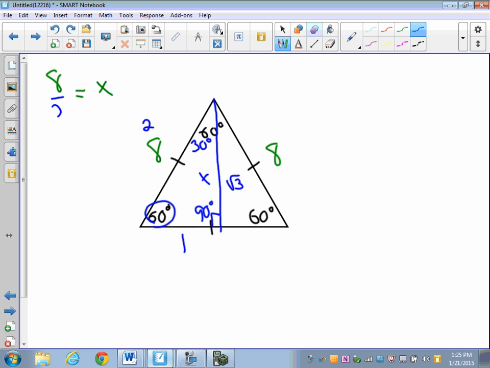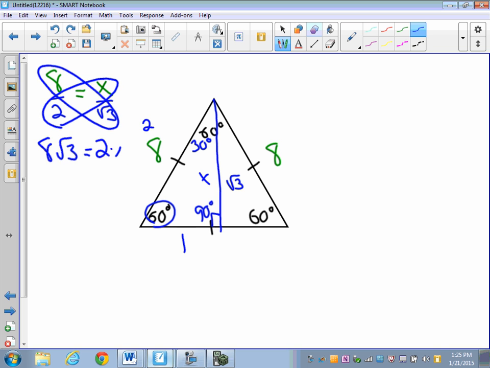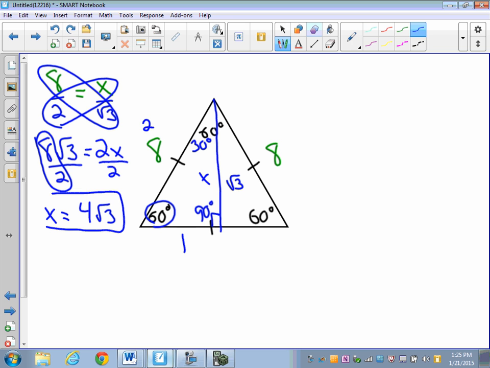So it would be over. So that's all we would do. 8 would be corresponding to 2. x would be corresponding to square root of 3. 8 square root of 3 is equal to 2x. Divide by 2. Numbers are on the outside. x is equal to 4 times the square root of 3.